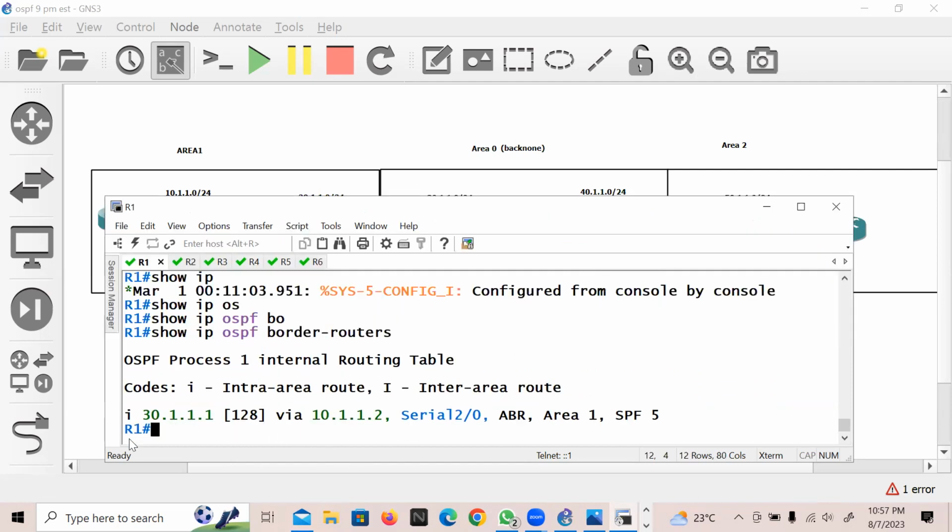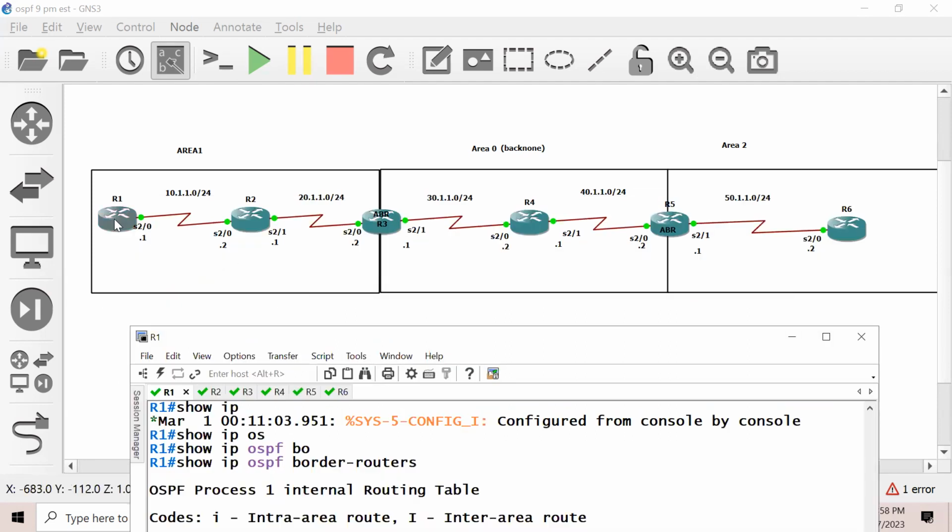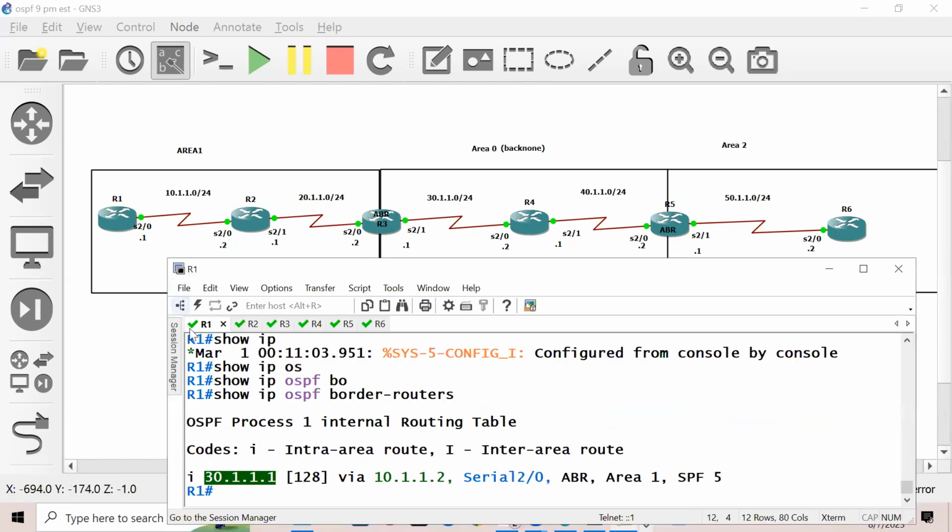So here it is showing me 30.1.1.1. Is it my area border router? So let me check from R1. R1 is here and 30.1.1.1 is here. It says this is my area border router. First try to ping from R1 to this last IP, 50.1.2.